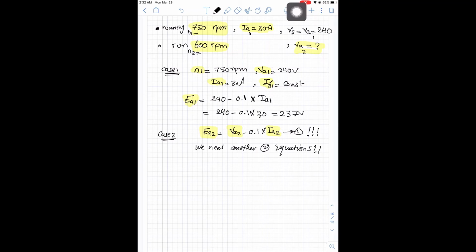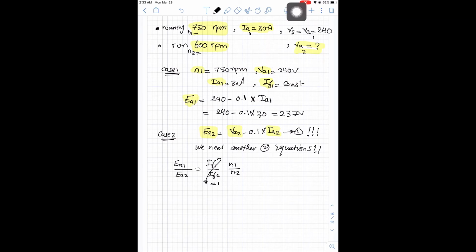The key here is to use the ratio EA1 divided by EA2 equals IF1 divided by IF2 times N1 divided by N2. The ratio between I field 1 and I field 2 is 1 because the field is constant.